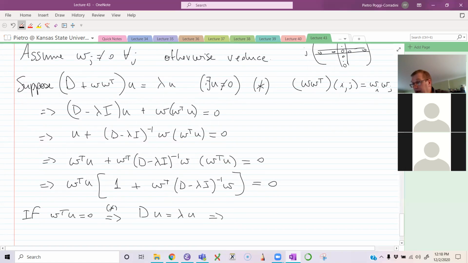Yes. Yeah, okay, but D is diagonal. So u is e_j for some j. It's a standard basis vector, right? But then w transpose e_j is w_j, which is not 0 by hypothesis, so we get a contradiction.